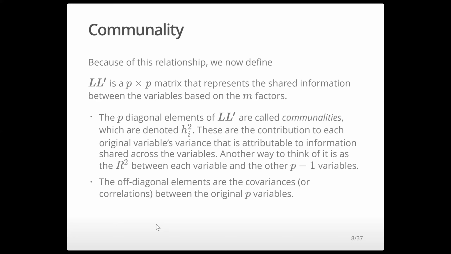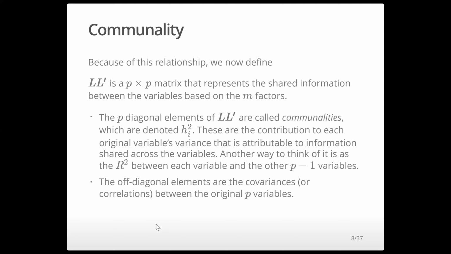So when we're dealing with correlation matrices rather than covariance matrices, it actually becomes defined as this R squared value. So it's between 0 and 1, because remember, the diagonal of a correlation matrix has to be 1, and this is a component of that diagonal.